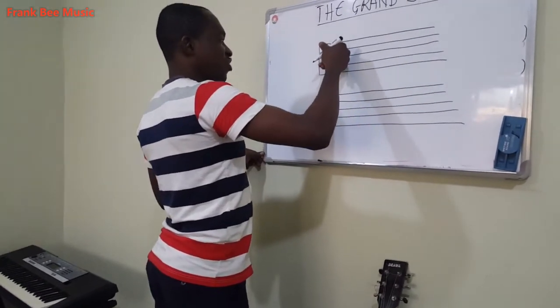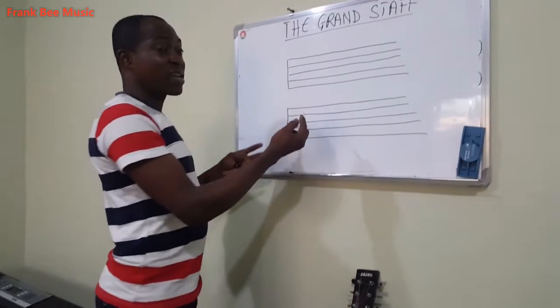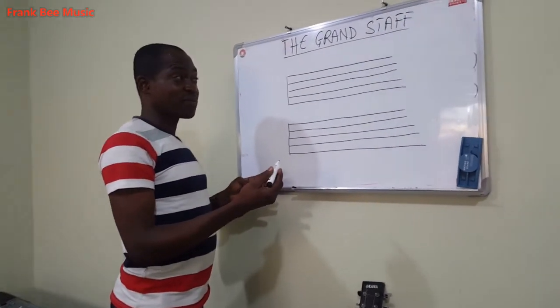So we have the treble staff here. We're going to draw our clef, a treble clef on it.